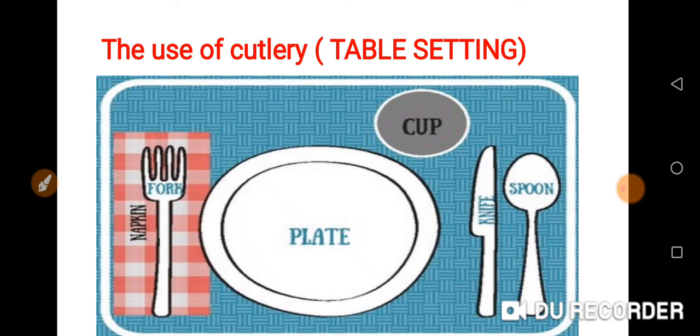Then at the left hand side, we can see our fork, our napkin. So we must learn this formal table setting. Whenever we are setting the table, we must learn how to set our cutlery.